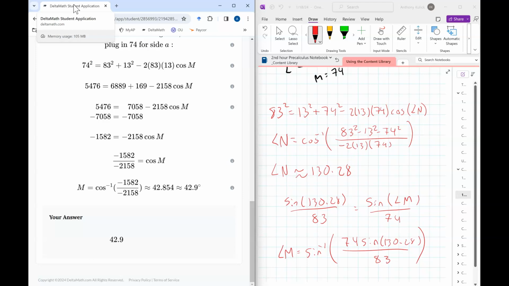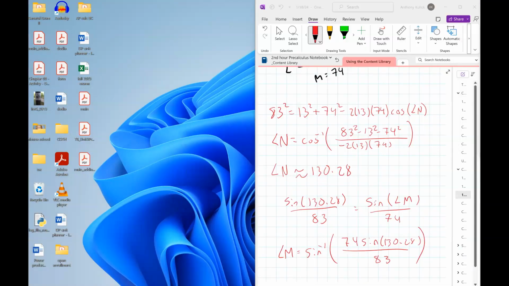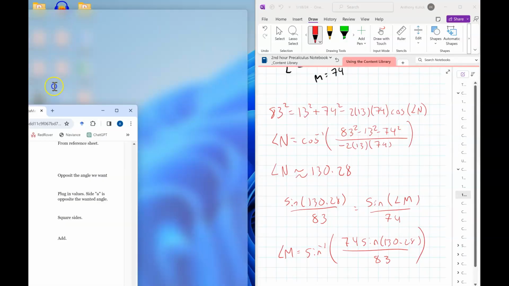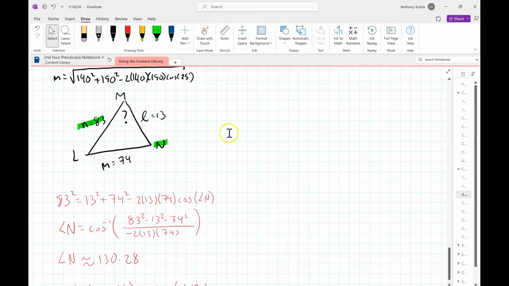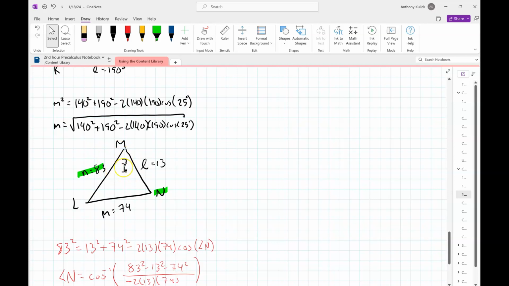Again, if you're not careful, you could catch an SSA situation, particularly if this problem had asked for angle L instead of angle M, which you might have gotten away with finding directly.